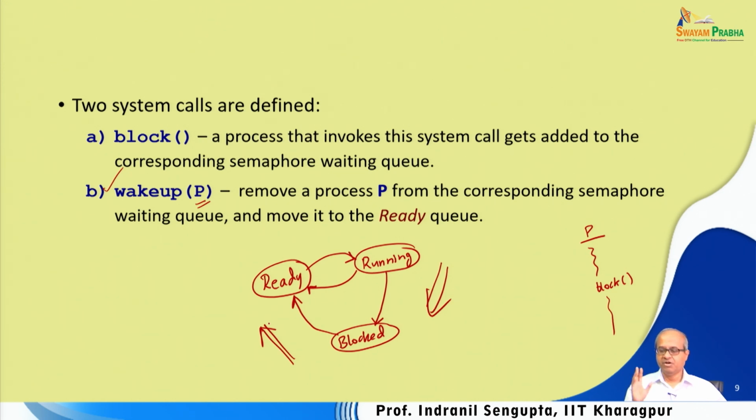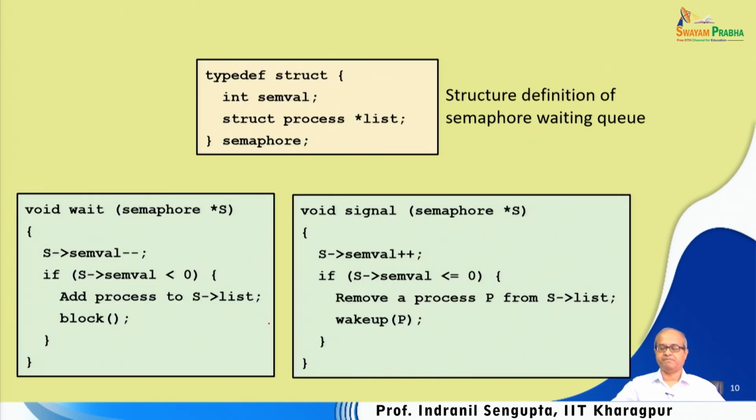Okay. Now, with this you can very easily define a solution, or means the way the wait and signal functions can be implemented. Let us see. The first is that this is essentially the structure definition of the queue.